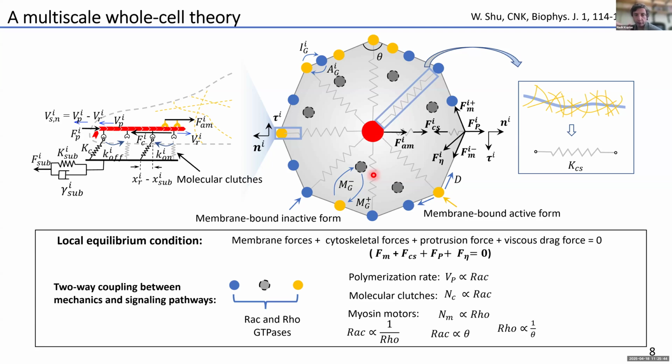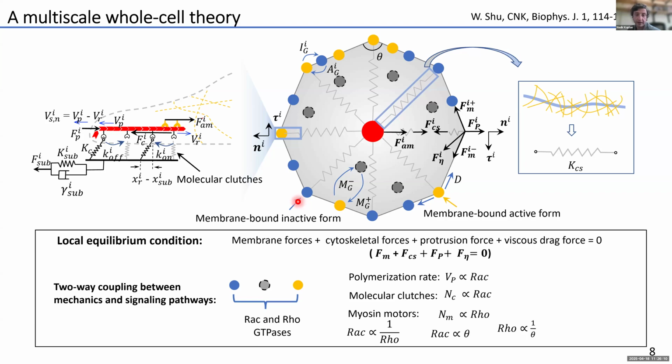Up to this point, I would say this is not entirely novel, but what makes our model stand out from other previous models in the literature is that we coupled this model with the chemical dynamics of Rho GTPases, their reaction and diffusion. Here the labels are such that we have membrane-bound inactive Rho GTPases.